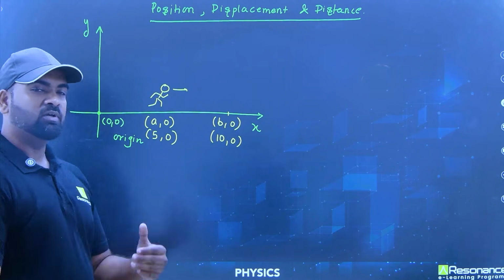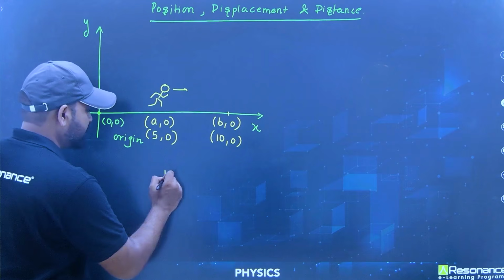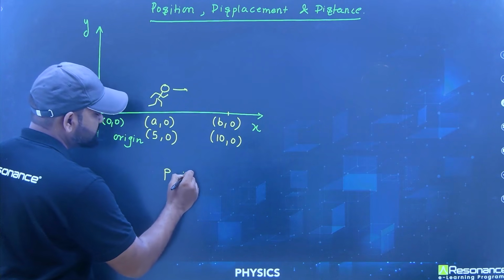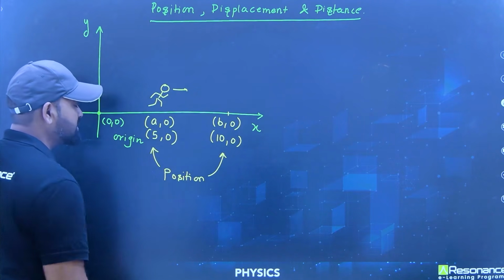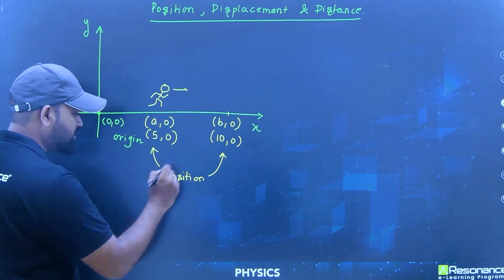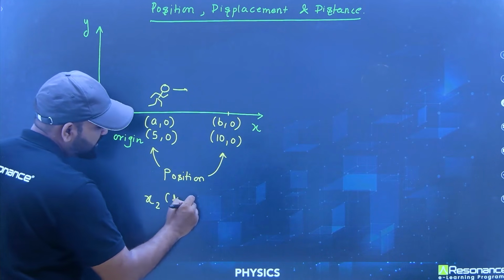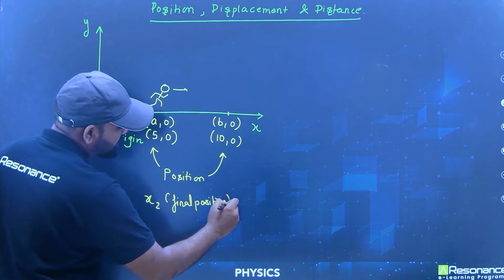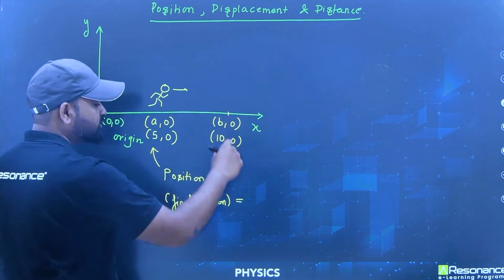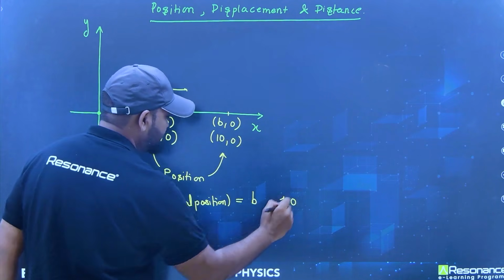So right now what I'm defining for this running person is position. These two are positions. We are going to call x2 the final position. If you use variable it is b, if you use a number it is 10.